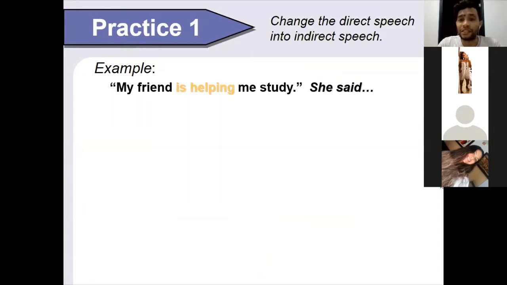Now, please change the direct speech, the one in quotations, into reported speech or indirect speech. So let's do the first one. My friend is helping me study, she said. How can you do the reported speech here? She said what?